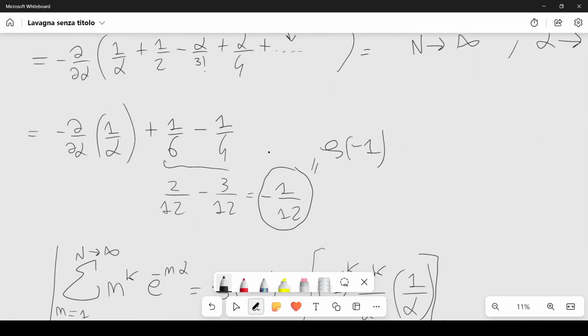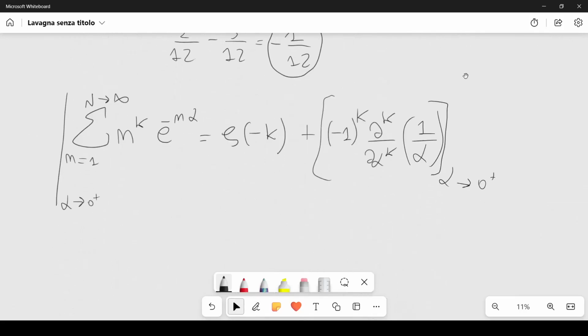It is possible to do the calculation for other values of k, and in that case you have to be a little bit more careful because there are higher order terms that you have to consider in the summation, and this will give rise to zeta of minus k. So this is actually quite interesting, because at this point you can see the association between summations.